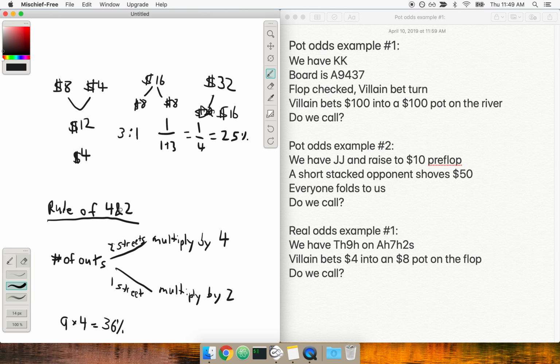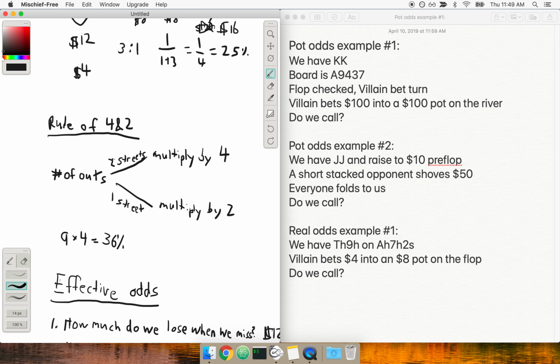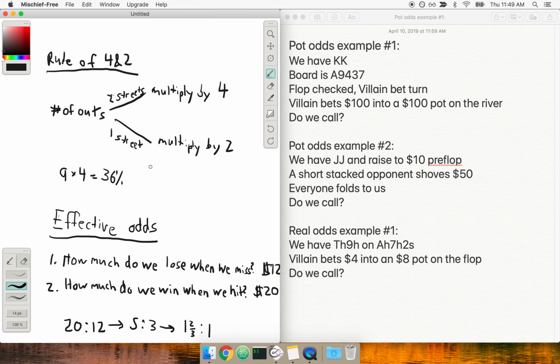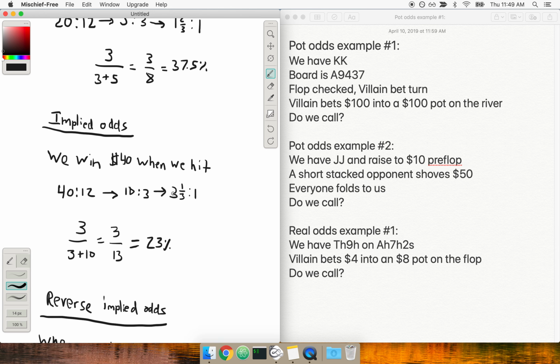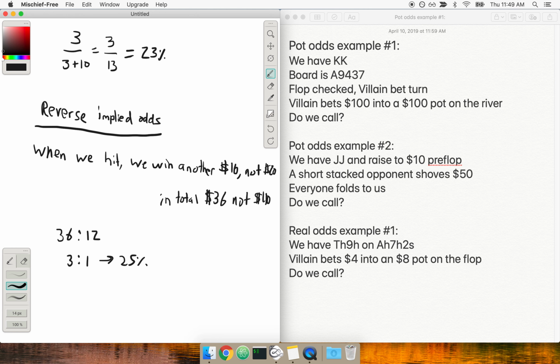And after going through this whole big process, it started off at 3 to 1, then it went to 1 2/3 to 1, then it went up to 3 1/3 to 1, and then it went back down to 3 to 1. So here we have 36% equity, and after doing all of this analysis, we came up with a number that we need 25% equity. So it's looking like we have a pretty easy call on the flop, even if we know that our opponent has an ace.